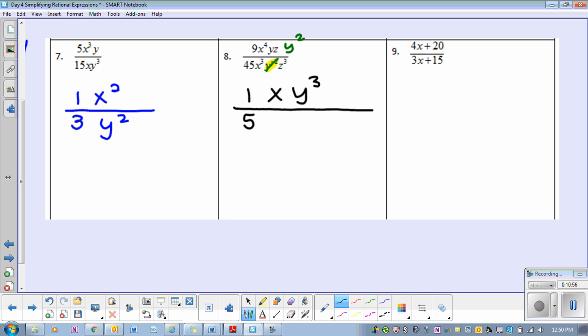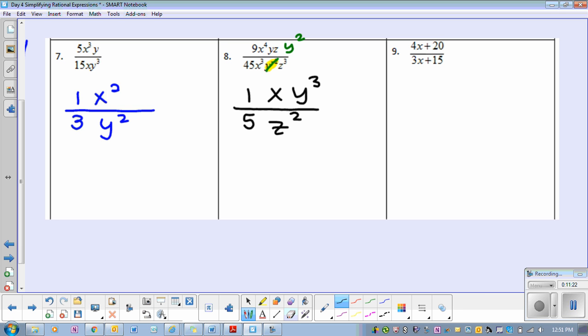Z squared on the bottom, because you had a z on the top and 3 z's on the bottom. All right, good. Okay, so look at this.